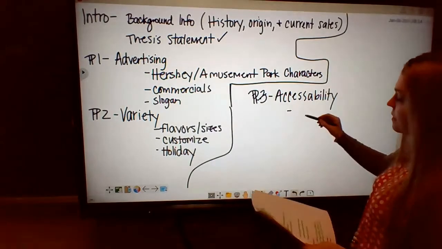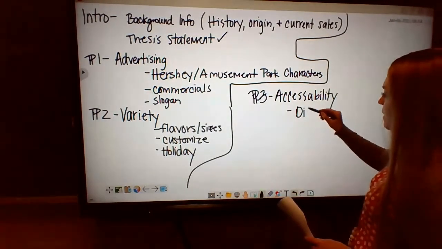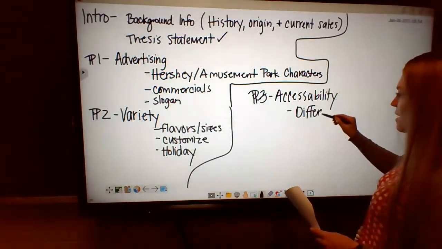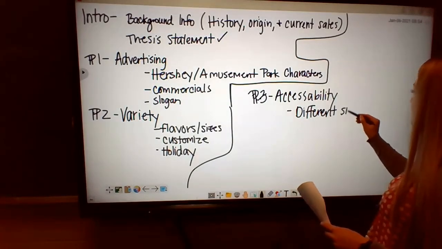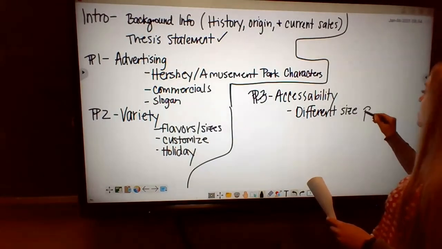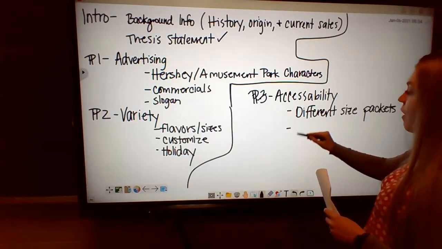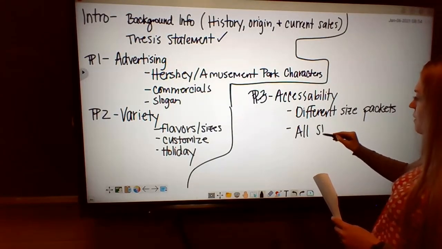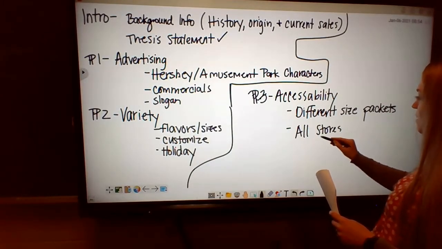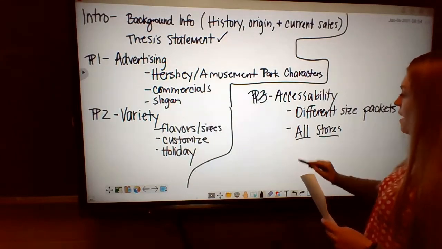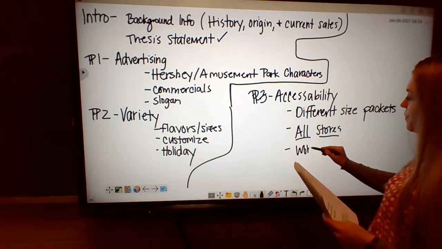How it has different size packets that you can buy them in. You can have the personal one, you can have the family one. They're in all stores that you could ever imagine. And they're worldwide.